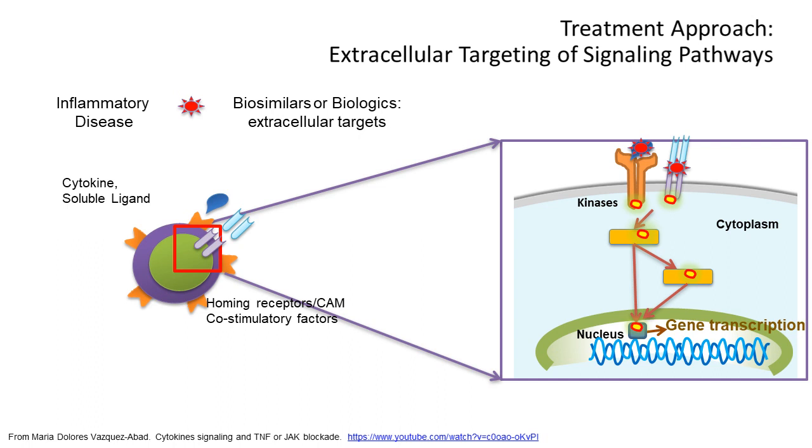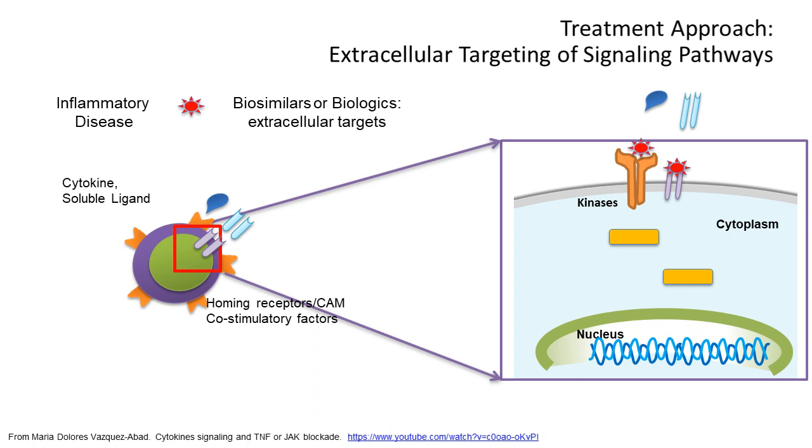So by either using a target that's soluble or a receptor that is specific for a particular cytokine or a growth factor, we have biologics or biosimilars that can block that interaction. The important thing is that by not having this interaction, there's no activation.